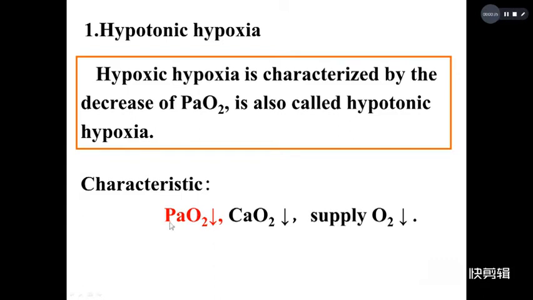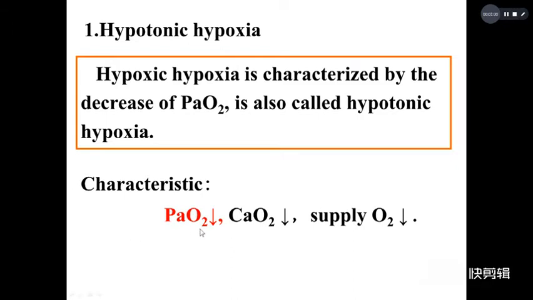Now, partial pressure of oxygen in artery, the normal value is 100 millimeters mercury. If partial pressure of oxygen in artery is 60 to 100 millimeters mercury, pulmonary ventilation is normal. So supply of oxygen is normal, no hypoxia.